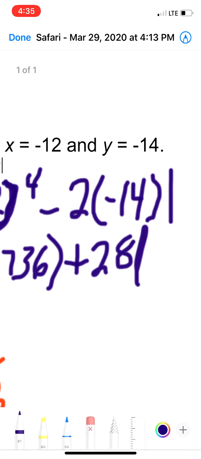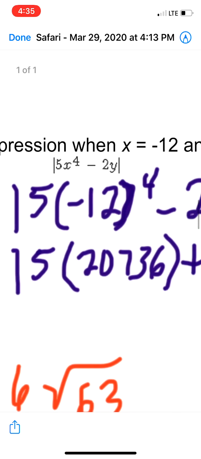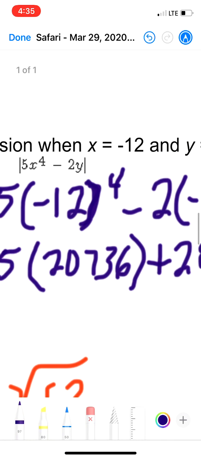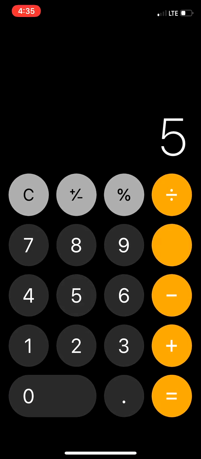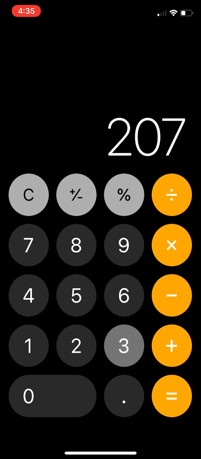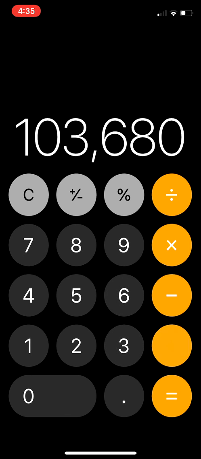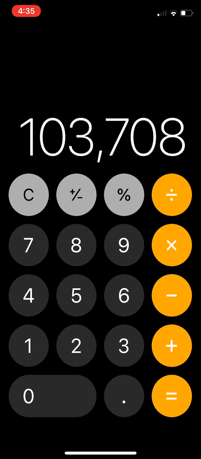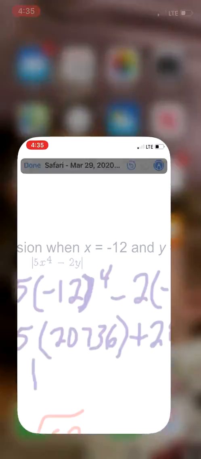All right. More calculator stuff. You have 5 times 20,736. And then plus that 28, which is 103,708.